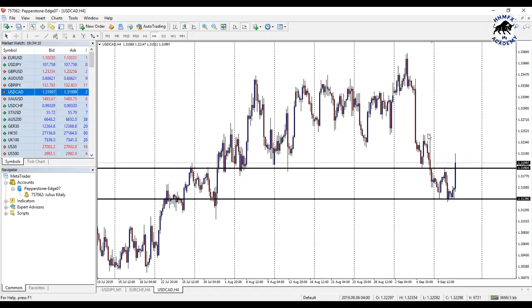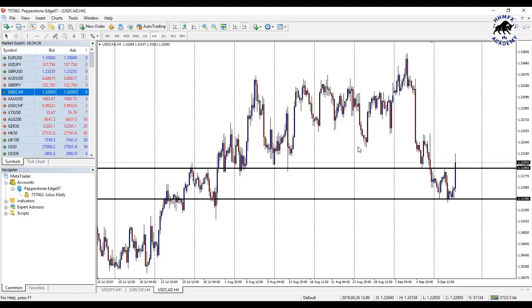Guys, all the rejection you see in this market is mathematically calculated by the dealers, by the market makers, if I can say. It's not just happening in the market. It happens on purpose.